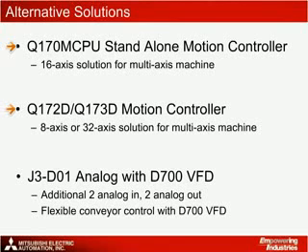A Q172D or Q173D motion controller could also be used for larger machine types to control 8 or 32 axes of servo. For additional digital and analog I/O control, the MRJ3D01 I/O card can be attached to the servo amplifier. Additionally, a VFD, such as the D700, could be used to control the conveyor.